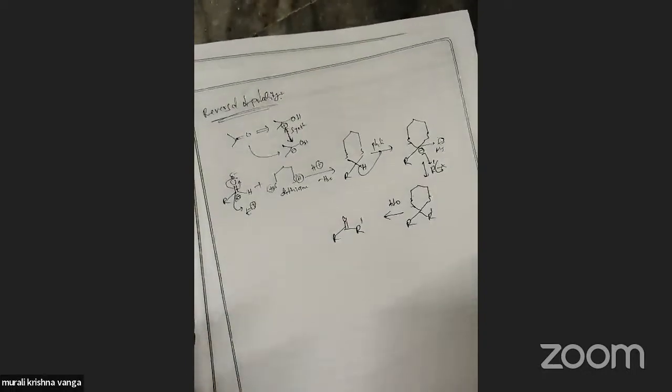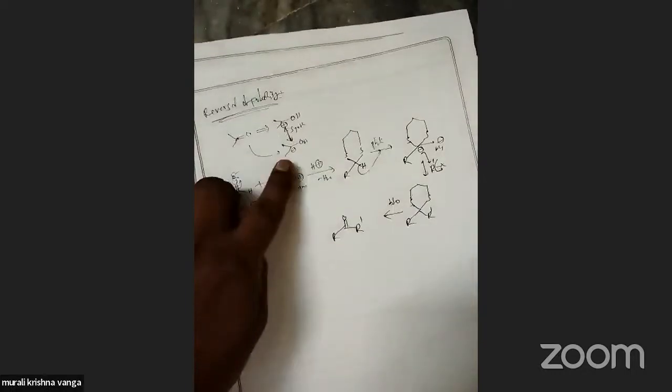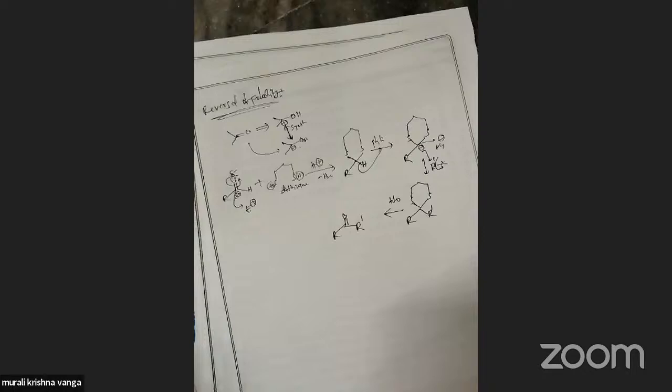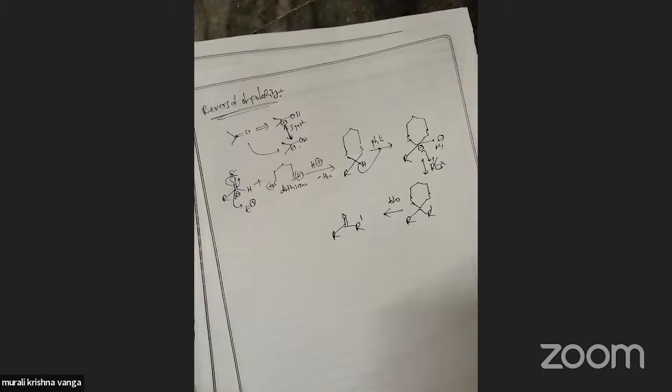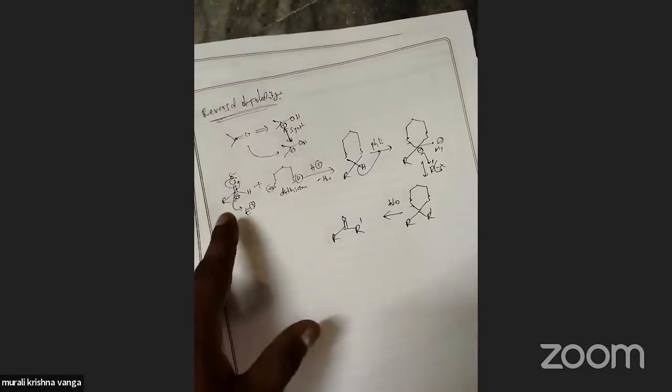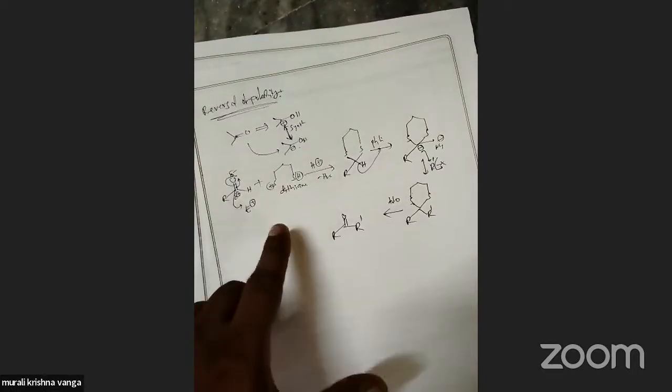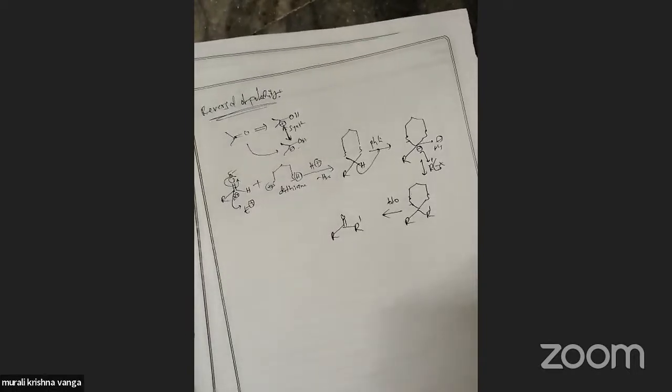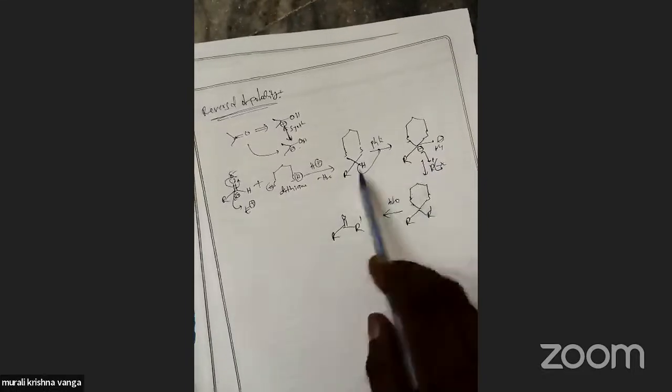That means generally the carbonyl carbon is positively charged, but in some cases the carbonyl carbon is negatively charged. The polarity of the same carbon atom is reversed. The best example: an aldehyde, in which the carbonyl carbon is positively charged, reacts with dithiane and forms a thioacetal. This reacts with a strong base like n-butyl lithium or phenyl lithium, and the carbonyl carbon gets a negative charge.